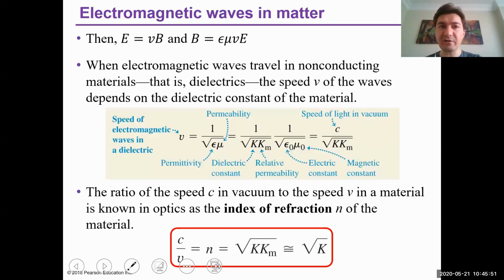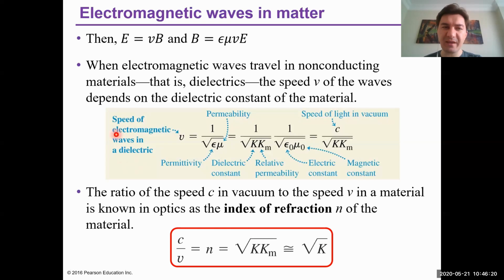And for electromagnetic waves in matter, the electric field component can be written as v times B. This is the velocity of light in the material, and B can be written in that form, epsilon mu v times the electric field. We have also done this one for the vacuum during the last lecture, and for the material, they are written like this.